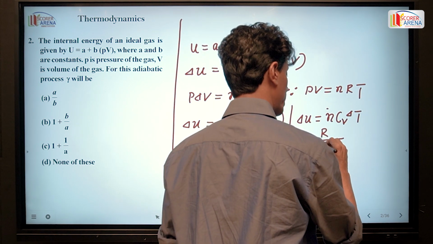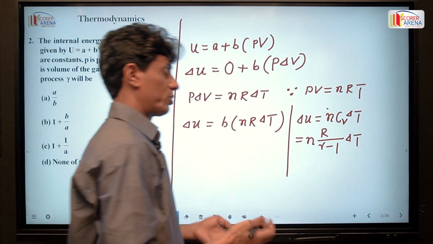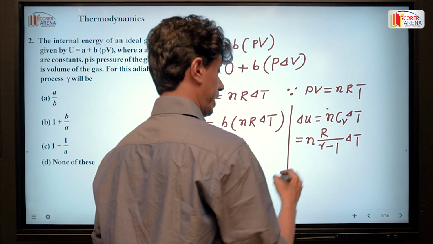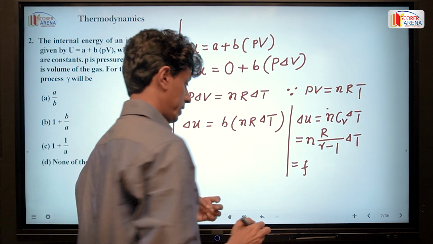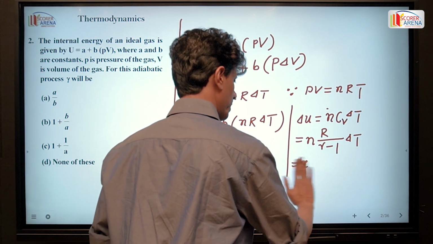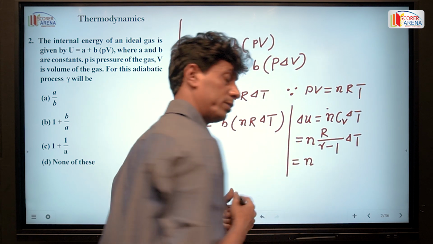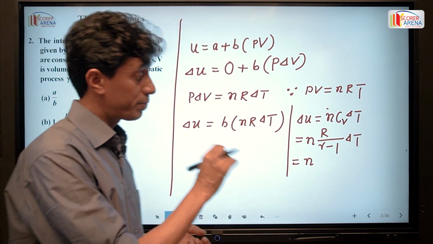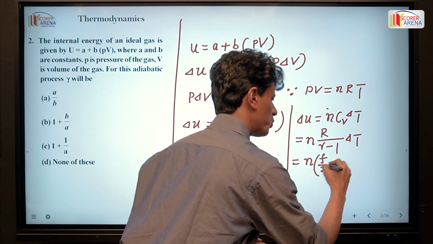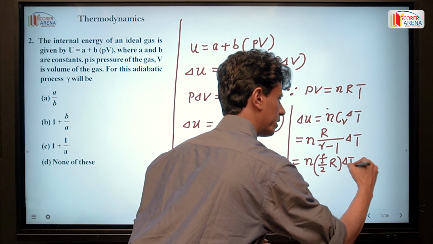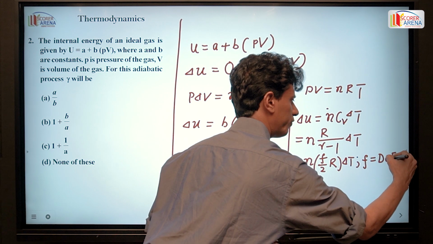and by the formula Cv is replaced by R over gamma minus 1, into del T. This can also be written, the number of moles of gas as usual remains, and R by gamma minus 1 can be written as f by 2 R into del T, where f is the degree of freedom.